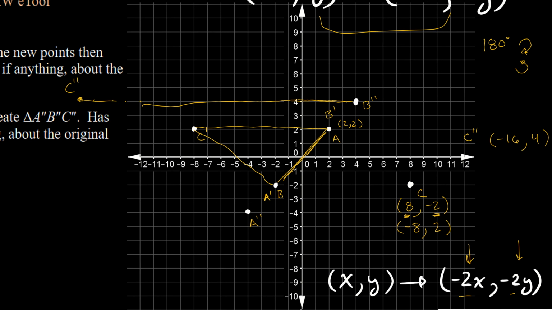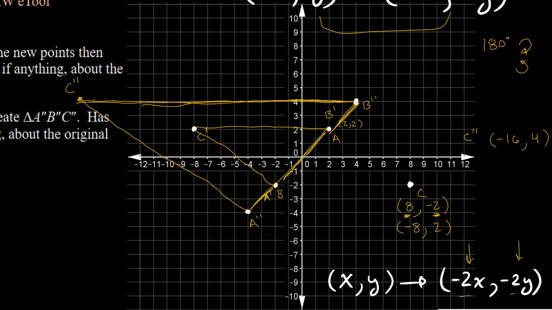So what's happened to this triangle, right? It did flip just like when I went to the C prime. It did flip, but look at this. It got bigger. In fact, did all the dimensions grow by a factor of 2? Maybe.